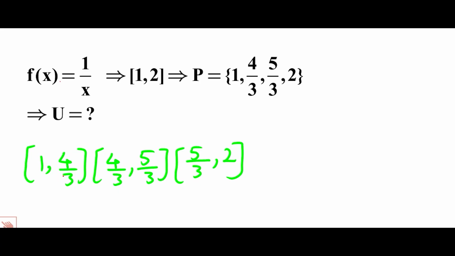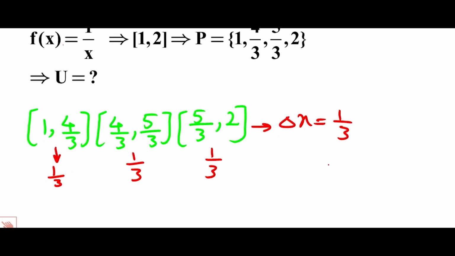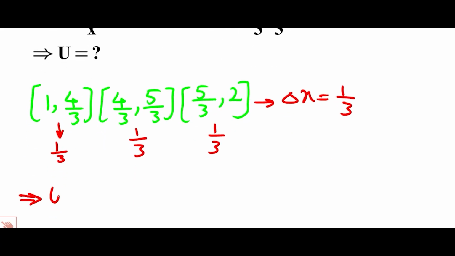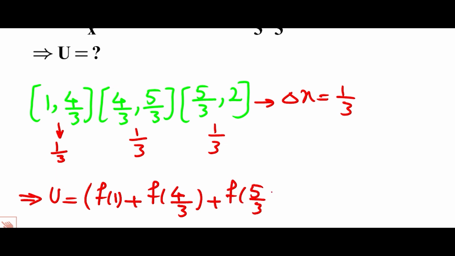And each subinterval has width 4 over 3 minus 1, which is 1 over 3; 5 over 3 minus 4 over 3 is 1 over 3; and 2 minus 5 over 3 is 1 over 3. Right? So delta x equals 1 over 3. So U equals f of 1 plus f of 4 over 3 plus f of 5 over 3, times 1 over 3.